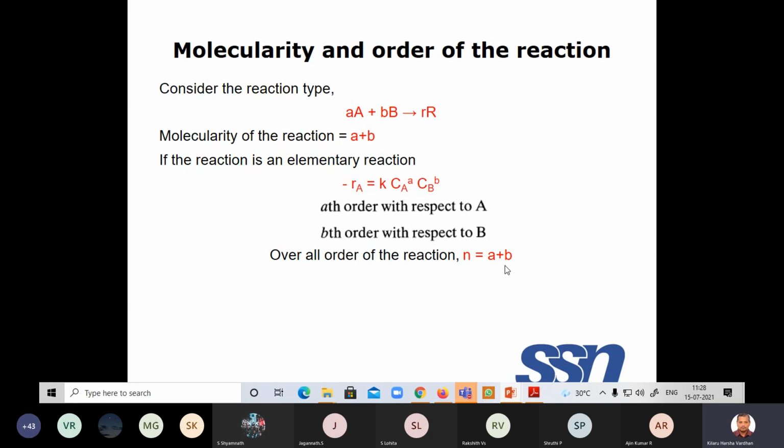Now you can ask me, for an elementary reaction, generally the molecularity and order will be the same, correct? Because this is a plus b and this is also a plus b.